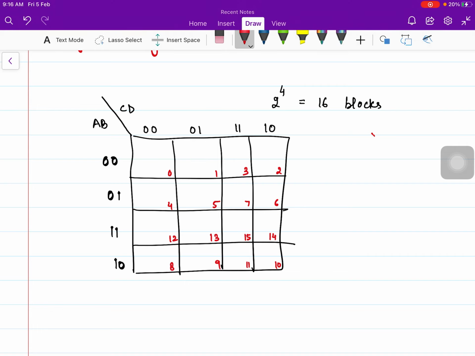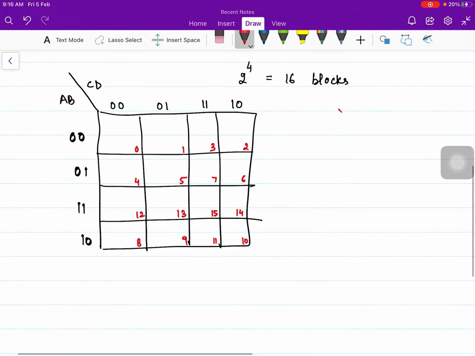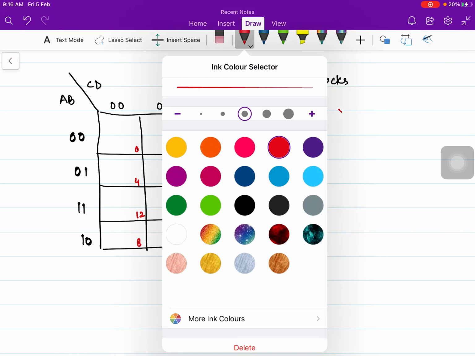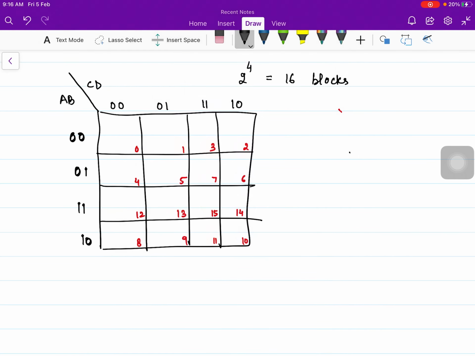I'll show you also how we are numbering the blocks, from 0 to 15.